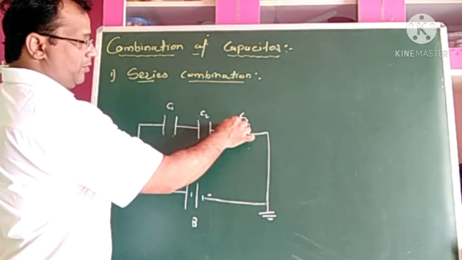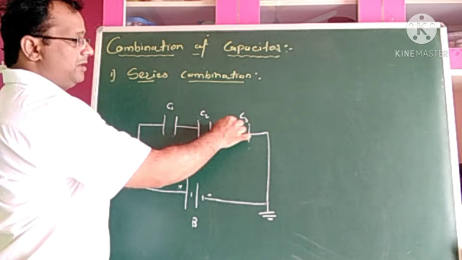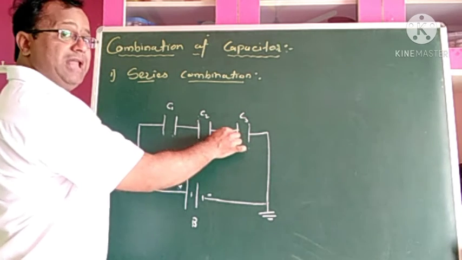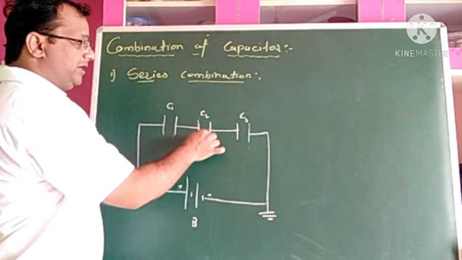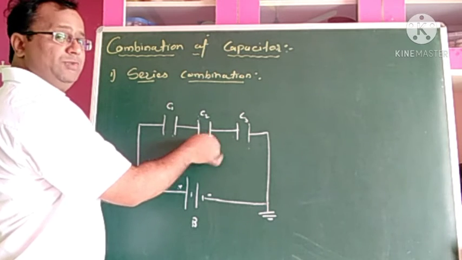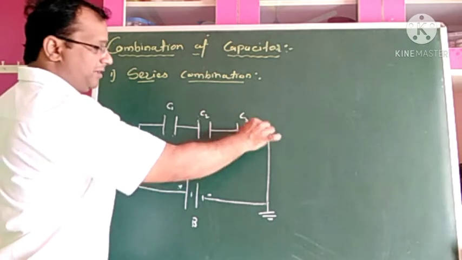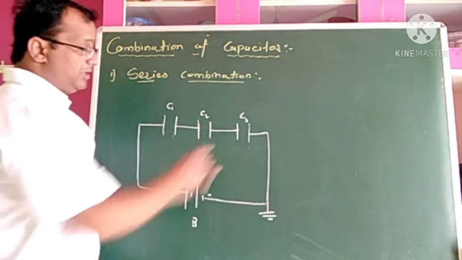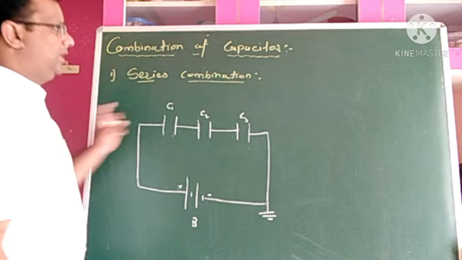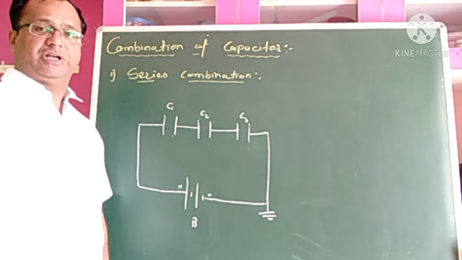Similarly, the first plate of the last capacitor is connected to the second plate of the previous one, and the second plate of the last capacitor is earthed. Then such a combination is called the series combination.